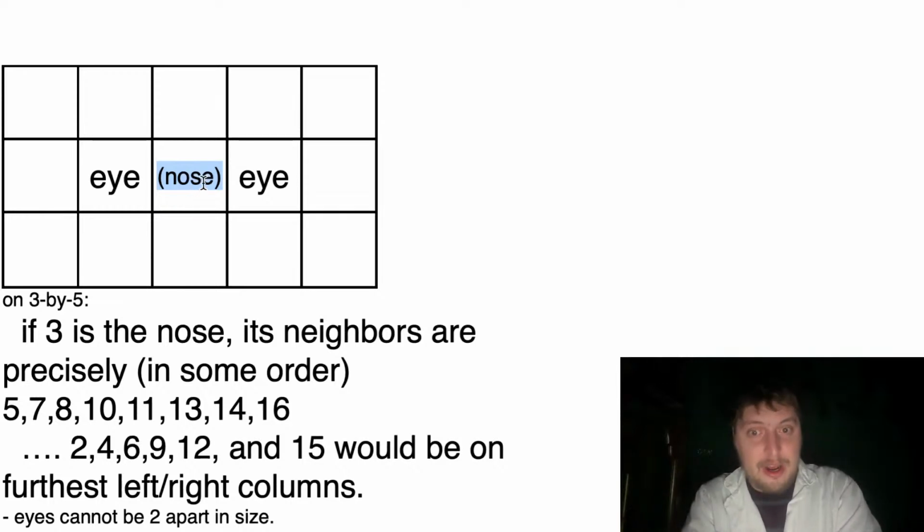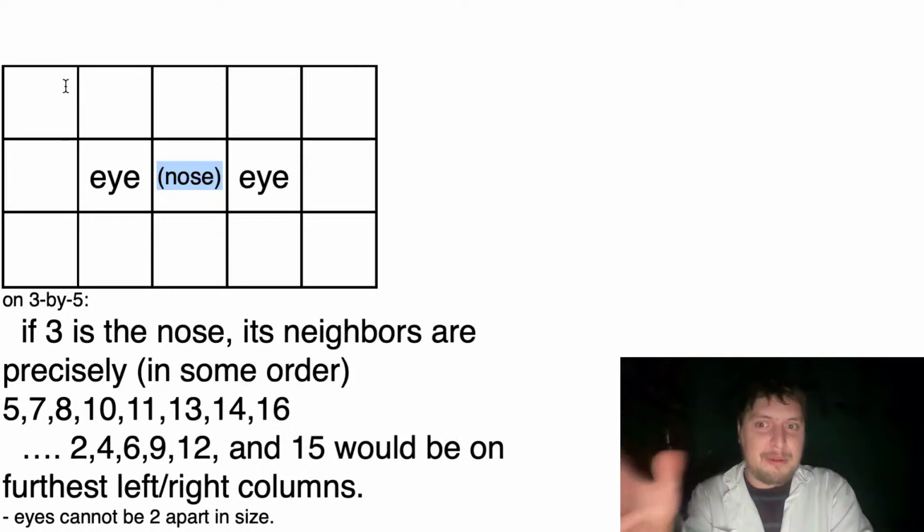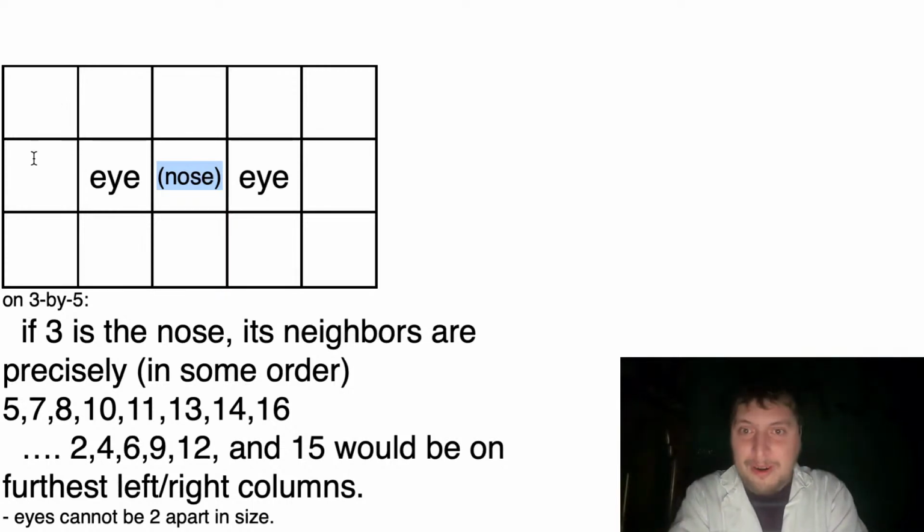If 3 is the nose, then 2 is either, at this stage of equivalency with the symmetries, a corner or a non-corner, because it's somewhere in one of those 3 or one of those 3, and with the symmetry, they're just corners and non-corners at this point.